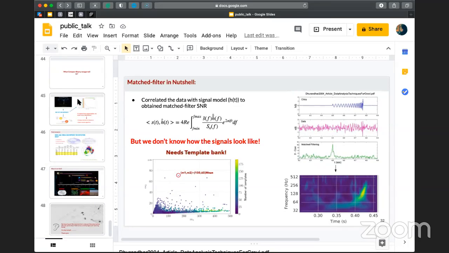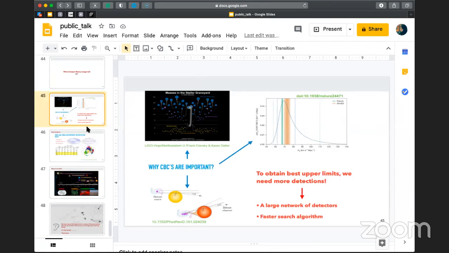Exactly. So this is the last slide which I was trying to explain over here. We still don't know what all sources can exist in nature.